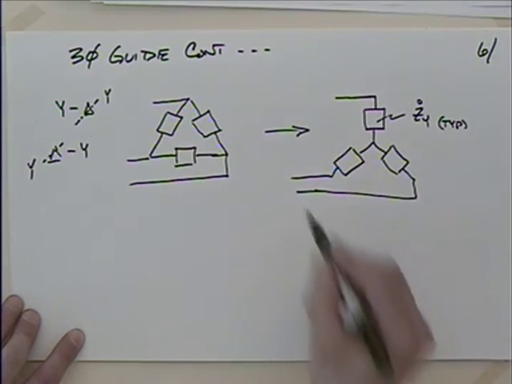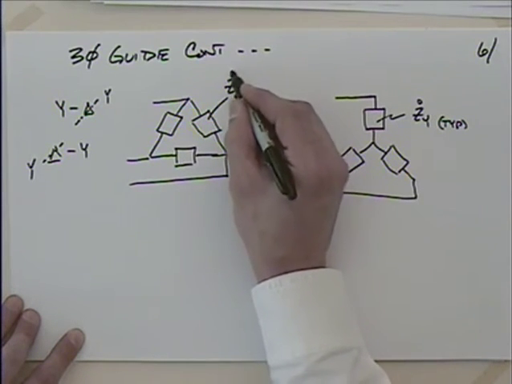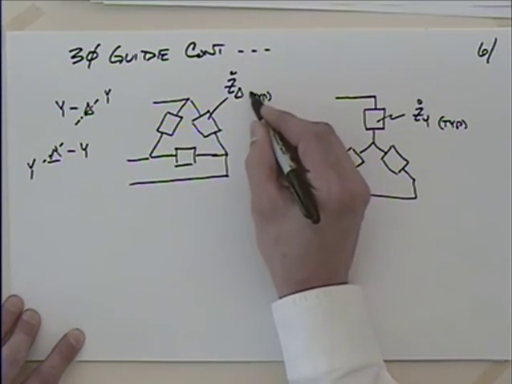This would all be the same, whereas each one of these would be Z delta. Again, that's the same for all of those.